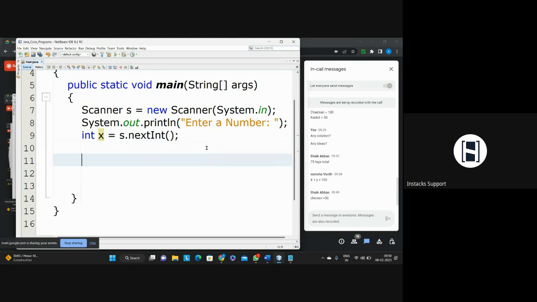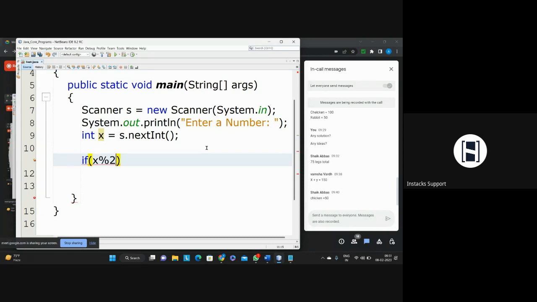So what is my condition here? I am going to say if, first let us write it using if else. So how to give the condition? I am saying if x is the number which I want to check, x mod 2, I am saying there should not be any remainder.